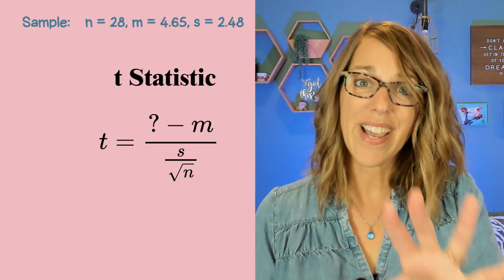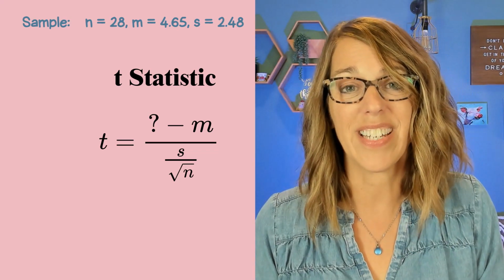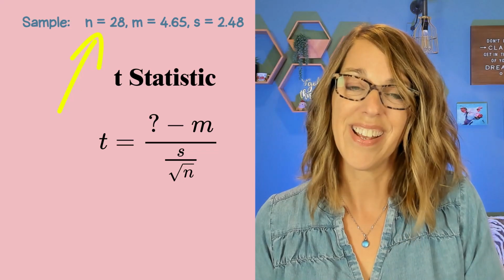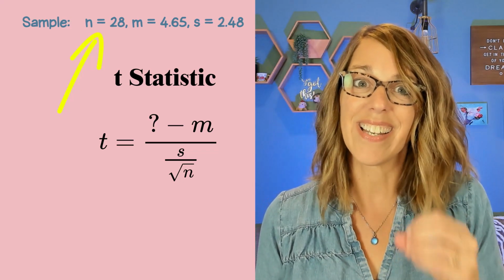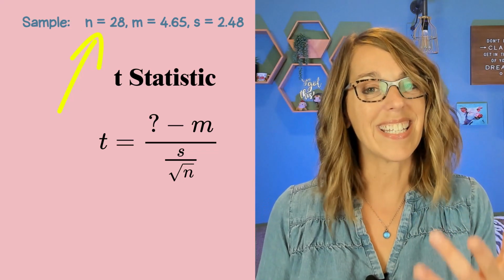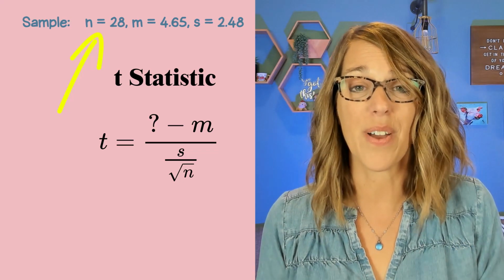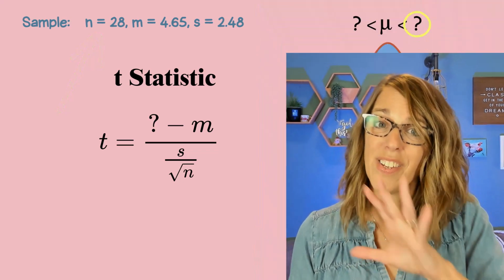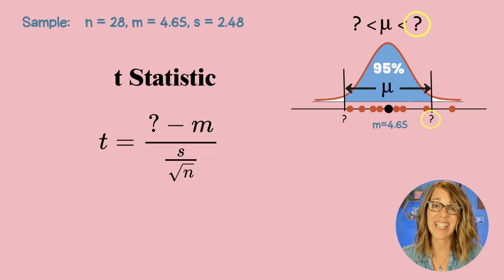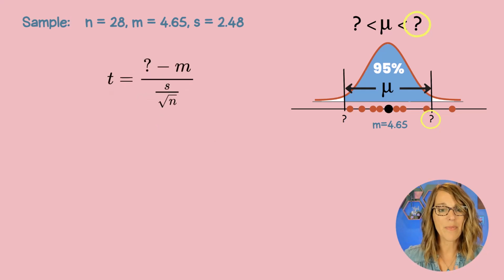Now, there's another way to come up with why you're using the T, and that's the sample size. For sample sizes less than 30, the T statistic tends to be pretty different from the Z statistic. Either way, we want to use that T statistic. But I'm not computing T. What I really want to find is that question mark, that upper time. I'm going to do a little bit of algebra.